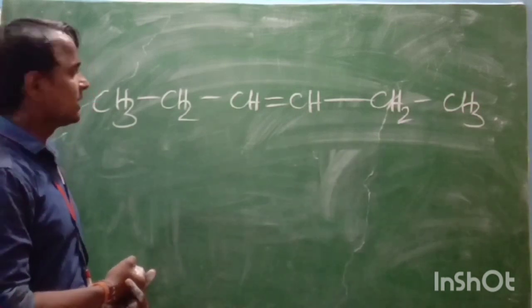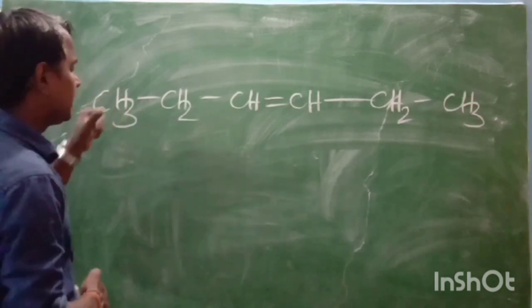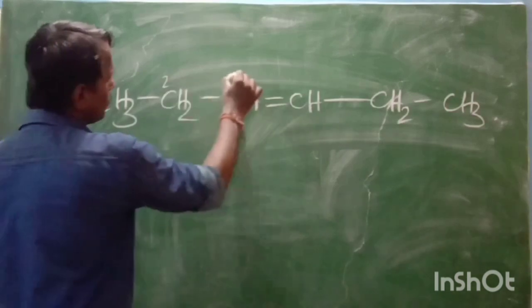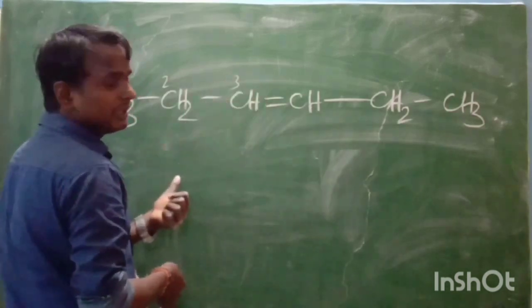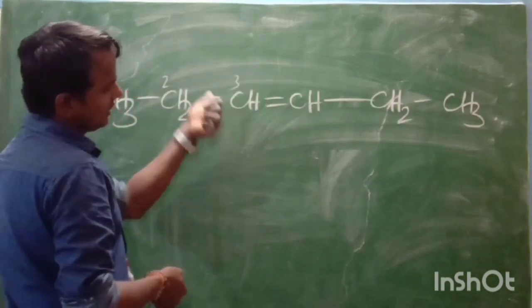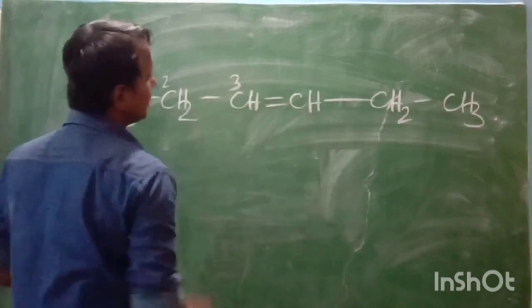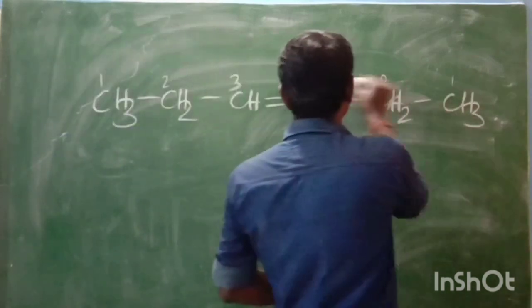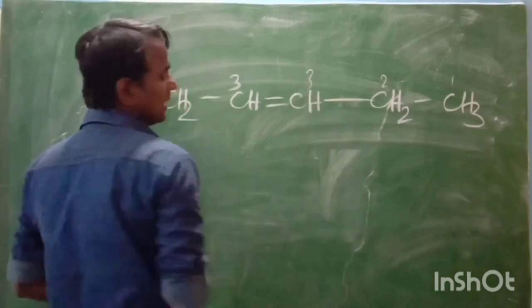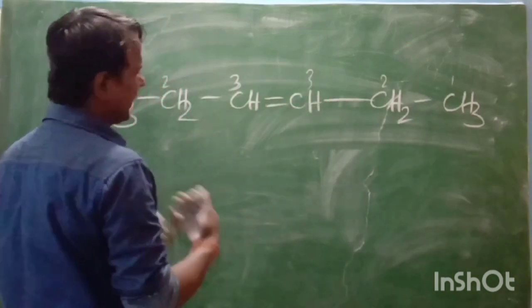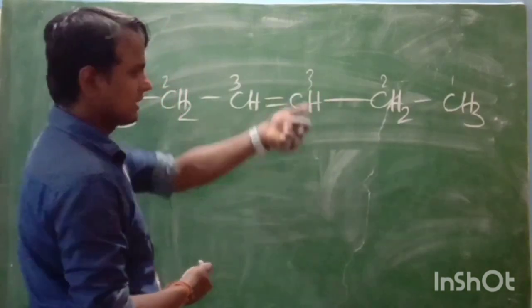From which side do we start the numbering? If we start from this side, 1, 2, 3, the double bond is at position 3. If we start from this side, 1, 2, 3, the double bond is also at position 3. So we can number from this side or this side.